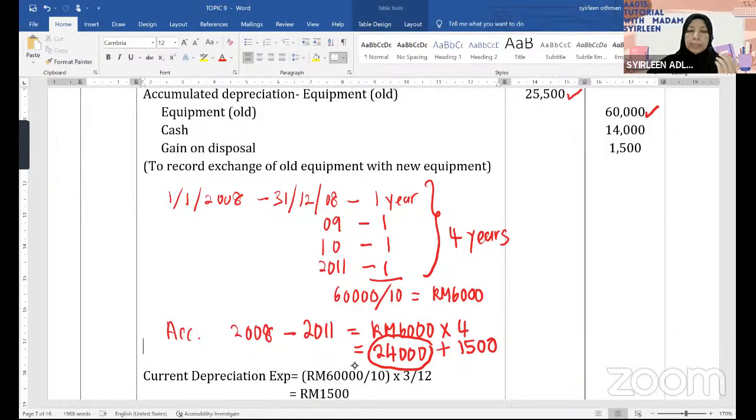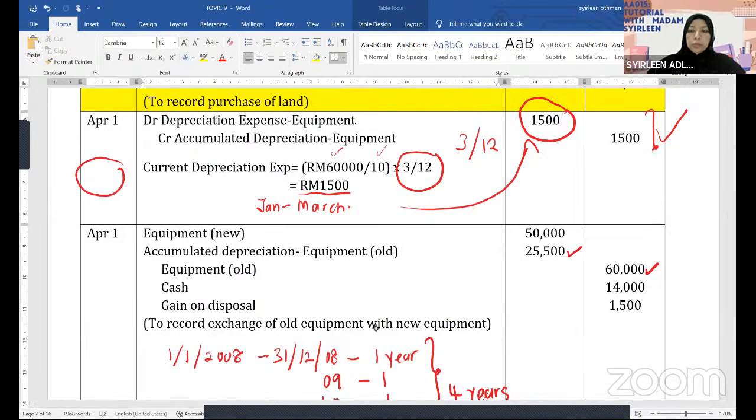So bila kita nak jual dan guna monthly basis, kita kena kira depreciation expense tahun semasa dan kena declare dulu. Sebab tu dalam jawapan kita ada catatan ini. Sebab tujuan kita catat ni ialah untuk declare depreciation expense tahun semasa. So that kita dapat nilai terkini untuk accumulated depreciation.